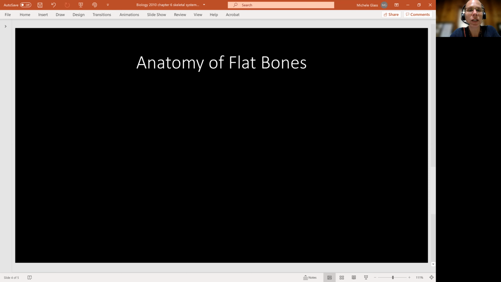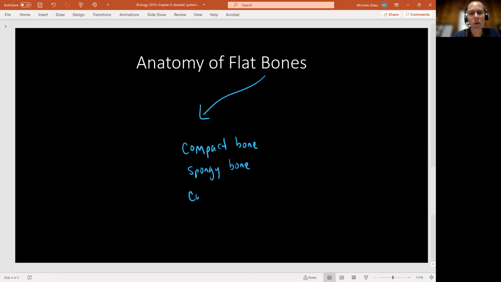We also need to take just a few minutes to think about a flat bone because we were looking with the other descriptions of long bones specifically. When we think about a flat bone, I like to think about it as a compact bone, spongy bone, compact bone sandwich.